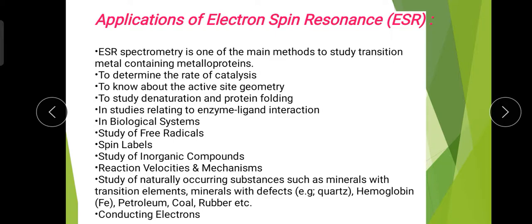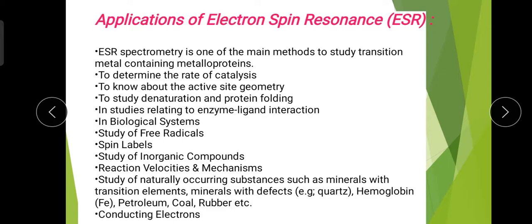Now there are some applications of electron spin resonance, that is ESR. The first application is that ESR spectroscopy is one of the main methods to study transition metal containing metalloproteins. That means ESR is generally used in chemistry. In chemistry we can study the transition metal containing metalloproteins with the help of ESR to determine the rate of catalysis.